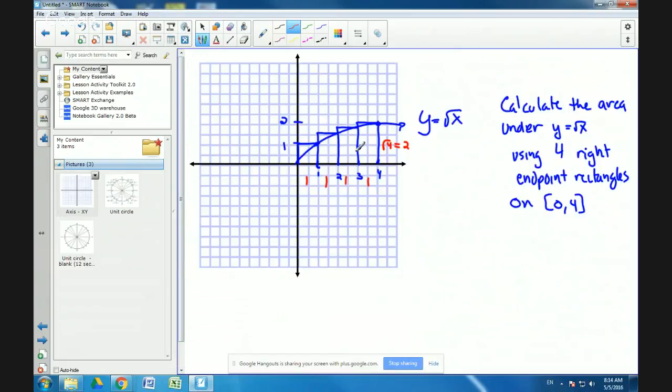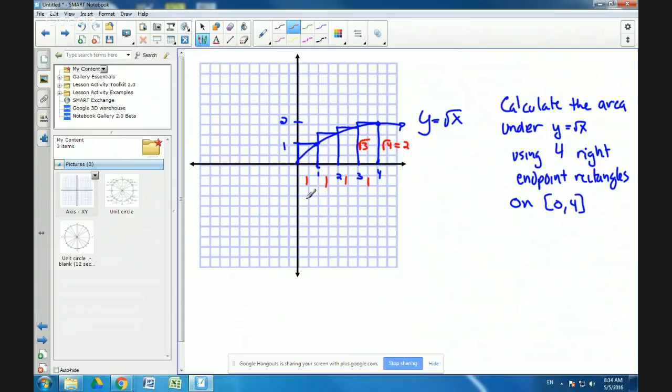How tall is this one? Okay, this is where you have to be precise. 1 3/4 is not good because that's an estimate still. You have to use the function. It's the square root of x. The x value is 3, so the value is square root of 3.